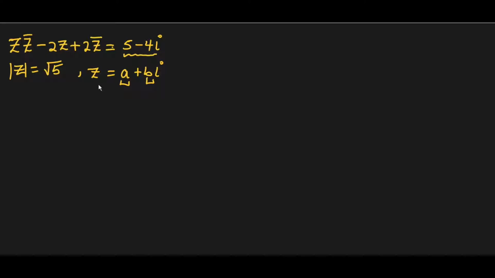So what we're going to do is let z equal a plus bi as a general complex number.